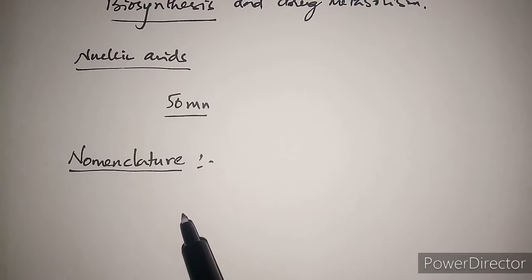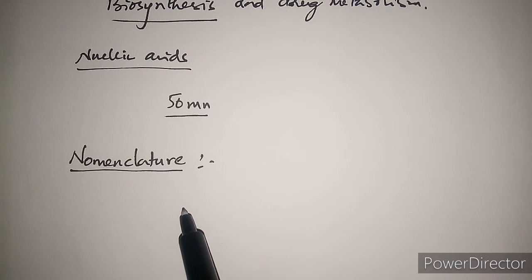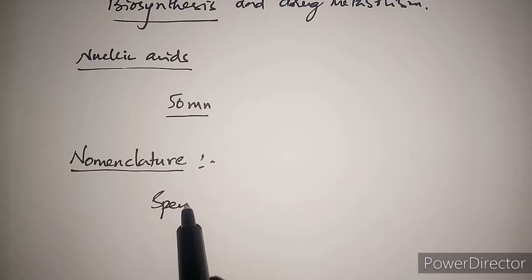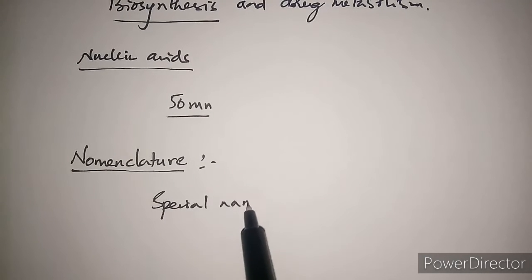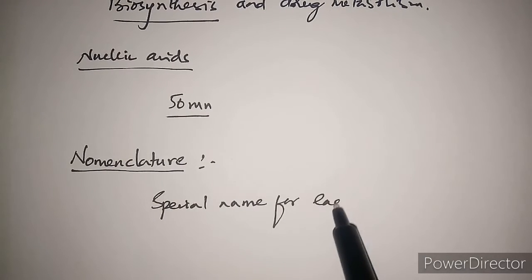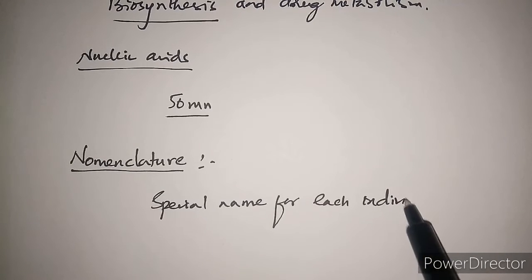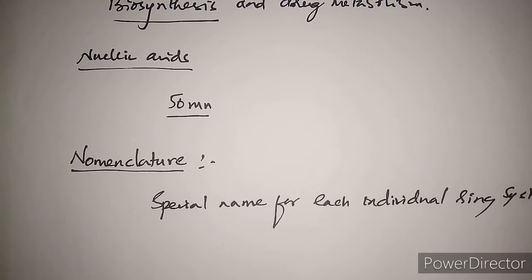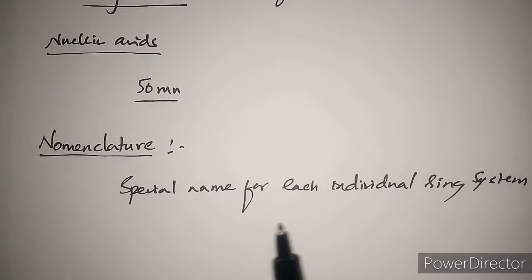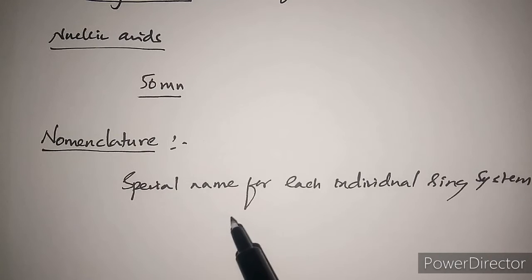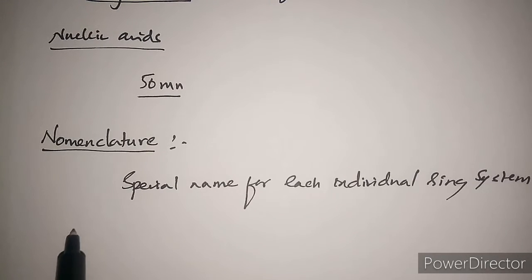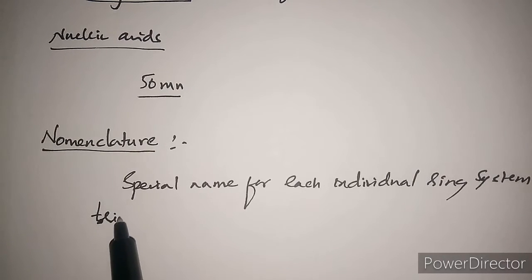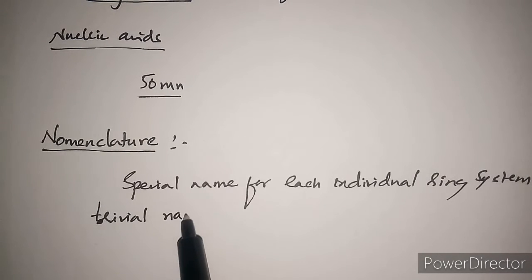So in heterocyclic chemistry, there is a special name for each individual ring system, and there is a trivial name for each individual compound.